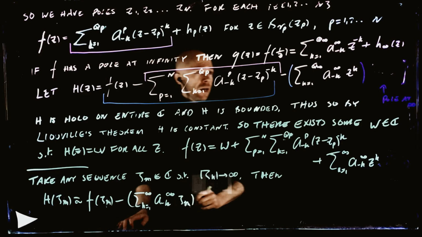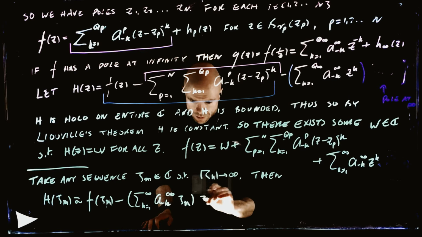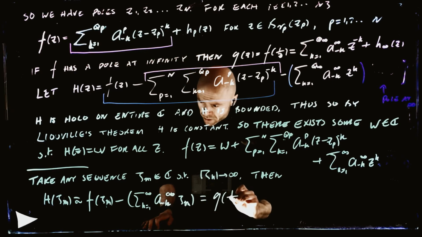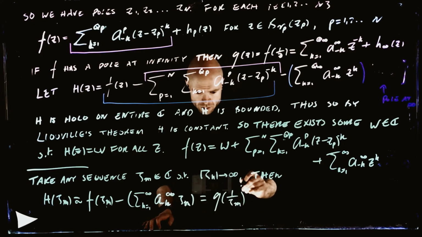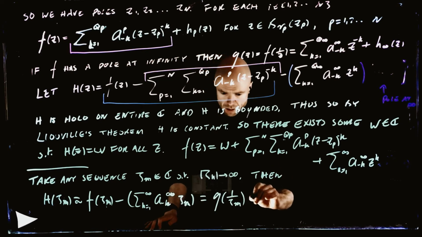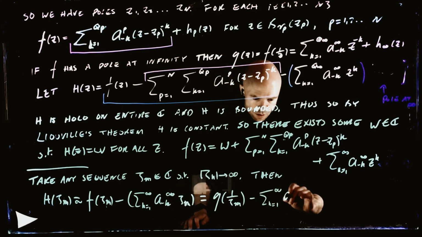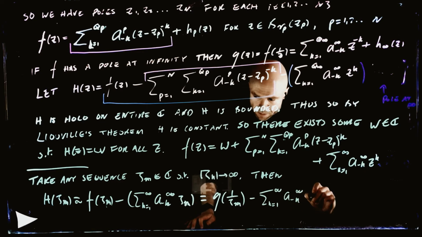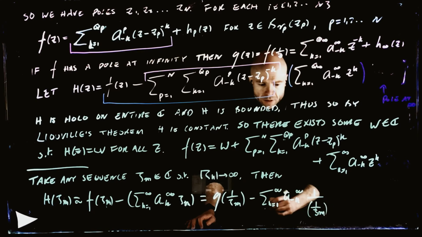And what is this? By definition, this is the same as g of 1 over zeta m. And then this thing is the same as the sum from k to infinity of a to the minus k times 1 over zeta m.